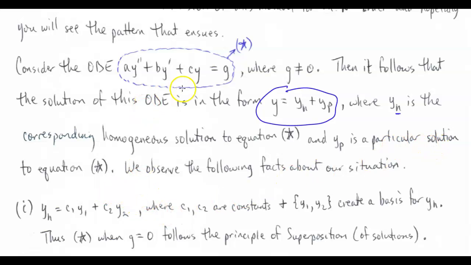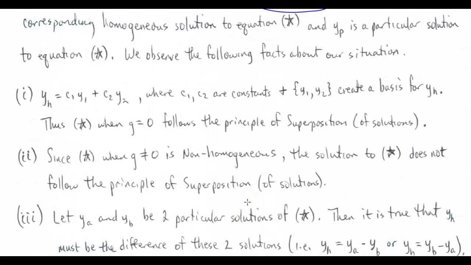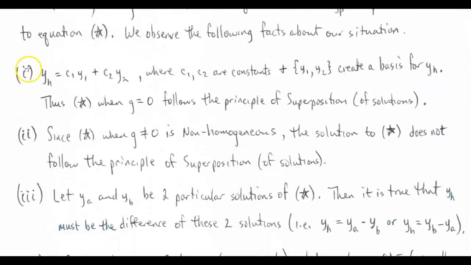Now that we know the total solution of this equation should look like this, we want to observe a few facts about our situation. The first fact, which I'm calling 1i, is that our homogeneous solution is going to be the sum of two basis functions, each multiplied by a constant.